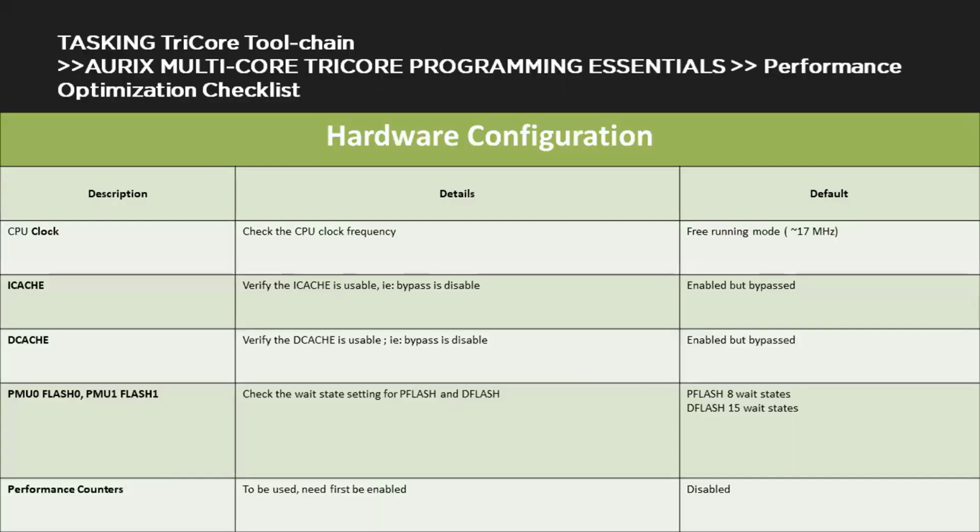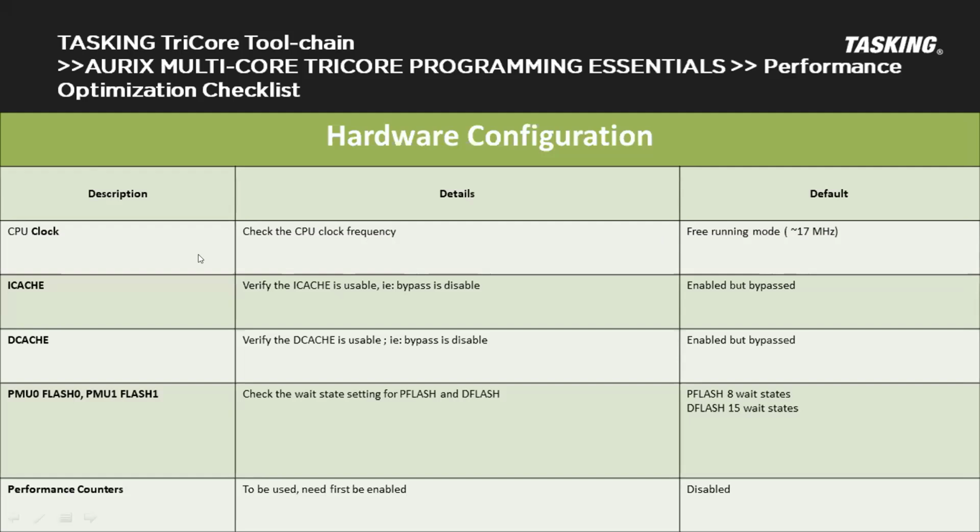All right, so last slide. This is a kind of checklist that you need to check from the hardware point of view. First, you have to check the CPU clock, so you have to check the frequency. Basically the free running mode is around 17 megahertz.